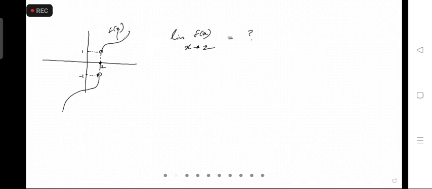Okay, let's find out. To give this value, you have to come from the right end and the left end. That is the way you did the problems a little while ago. So let's write at the right side. I will write it this way: limit where x approaches 2 from the right end.